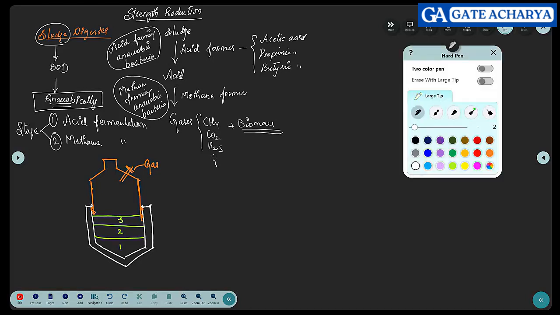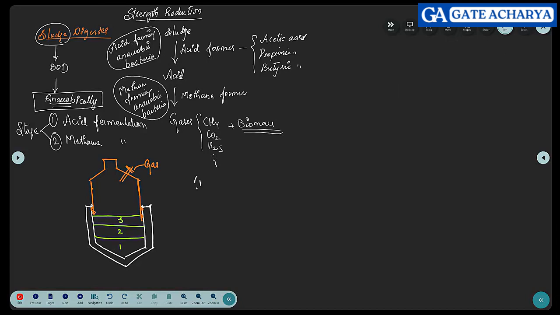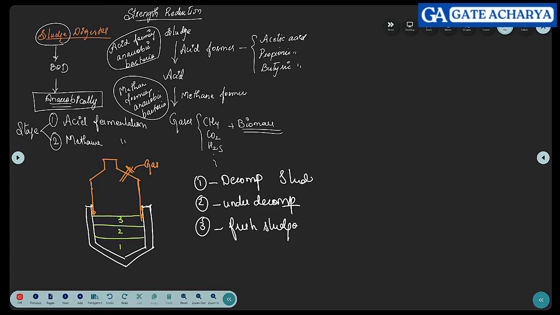The first layer is decomposed sludge, the second is under decomposition, and the third is fresh sludge.